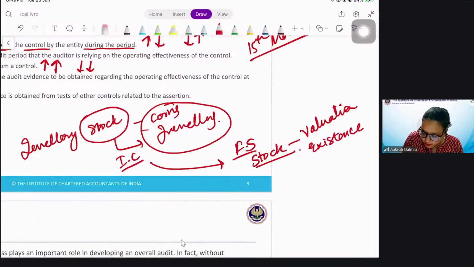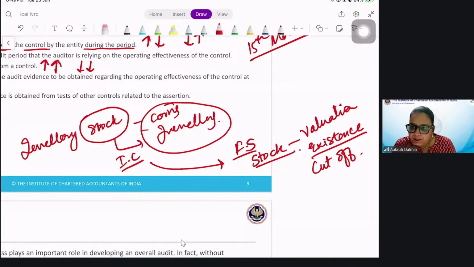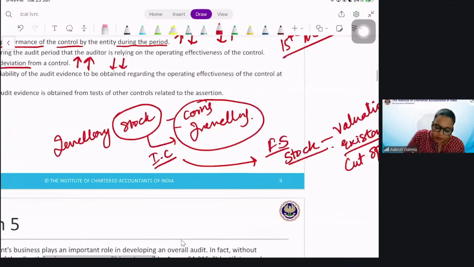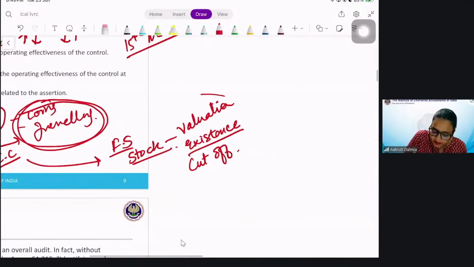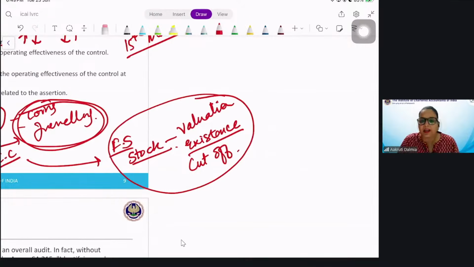You remember these assertions? Valuation, existence, cutoff, rights and obligations. Yes or no? So do you think the internal control effectiveness of stock is affecting directly the financial statement at assertion level? Yes or no? Yes.